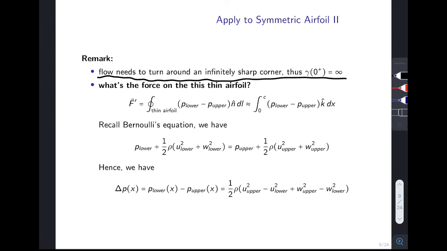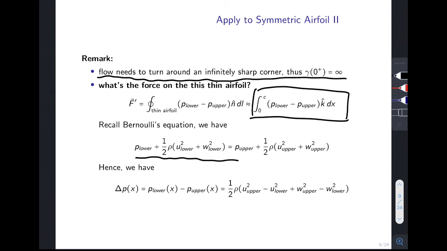With all those things added together, you can convince yourself that the force is just pressure, lower pressure minus upper pressure, integrated over the entire chord length, and the force should point in the direction normal to the chord.